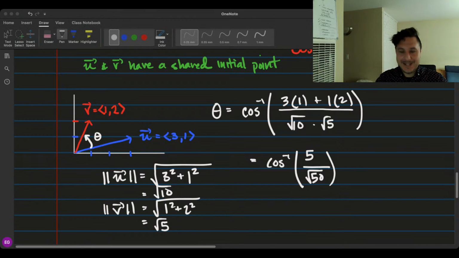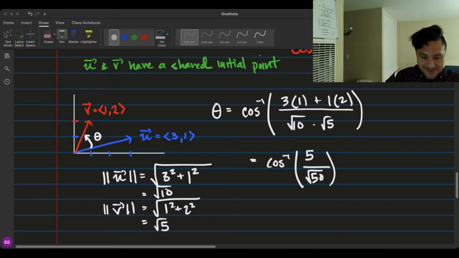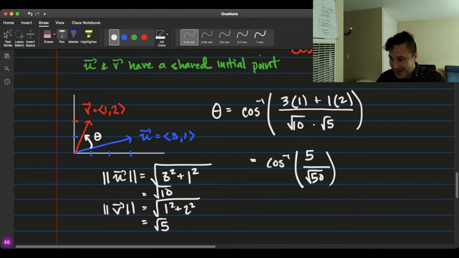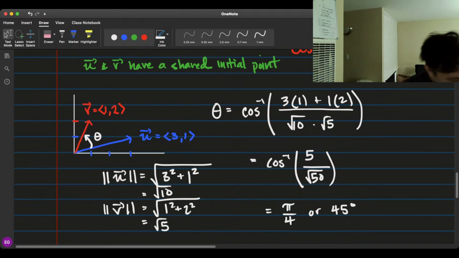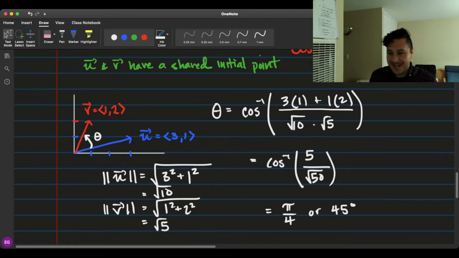Okay, let's see if that works. Ah, there we go. Pi over 4. Also known as 45 degrees. That's a 45-degree angle. Oh man, I was going crazy. I was like, what did I do?